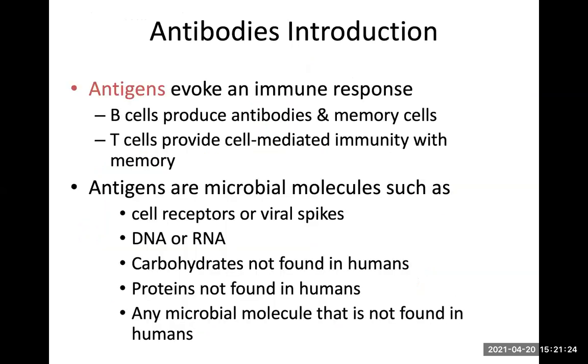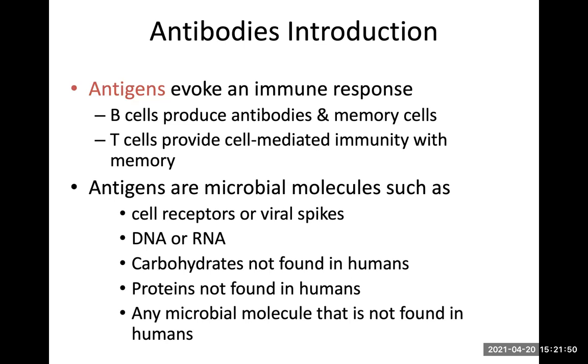Okay. So antigens evoke an immune response, and that will signal the body to produce antibodies, so plasma B cells and memory B cells. But it also, antigens, once they're presented to T cells, can initiate cell-mediated immunity as well. So don't forget about your T cells and cell-mediated immunity.